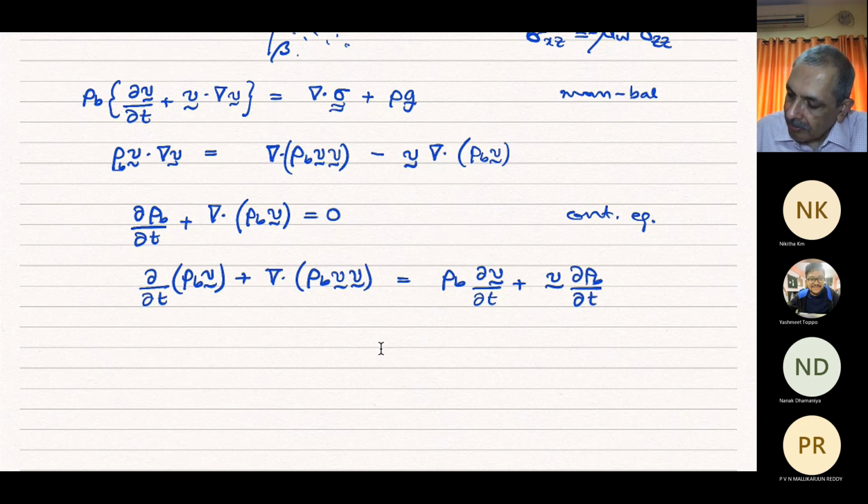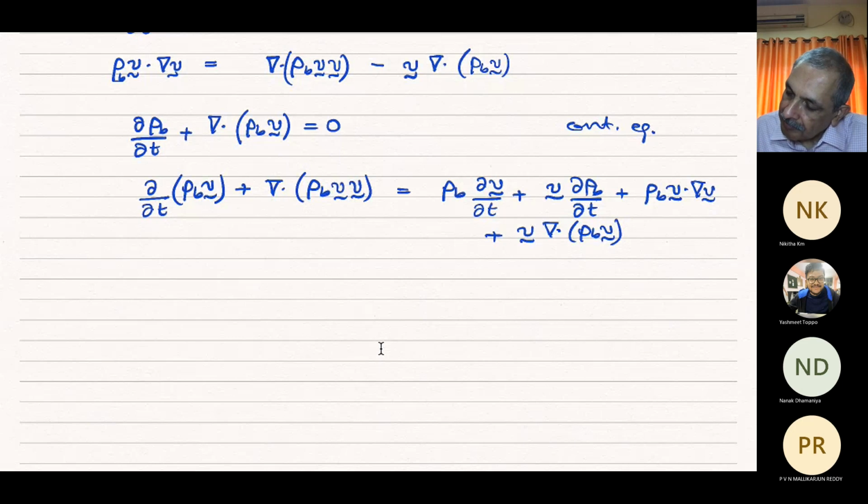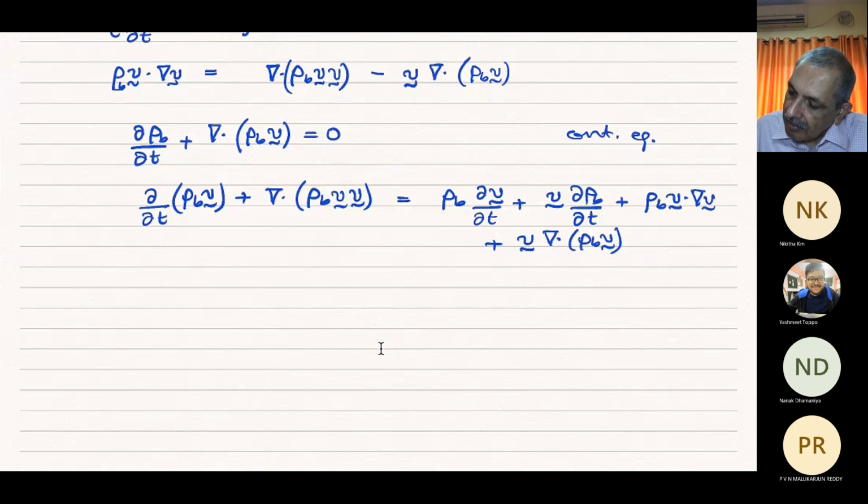And then this one, if I expand the second term, these all you can prove, then I will get rho B V dot gradient of V plus V into divergence of rho B times V. So this is what you will get. And so now if we use the continuity equation, then you can see that these two terms will go to 0.